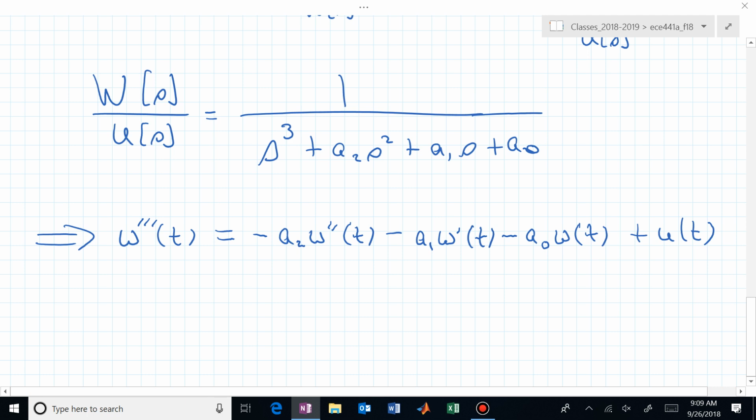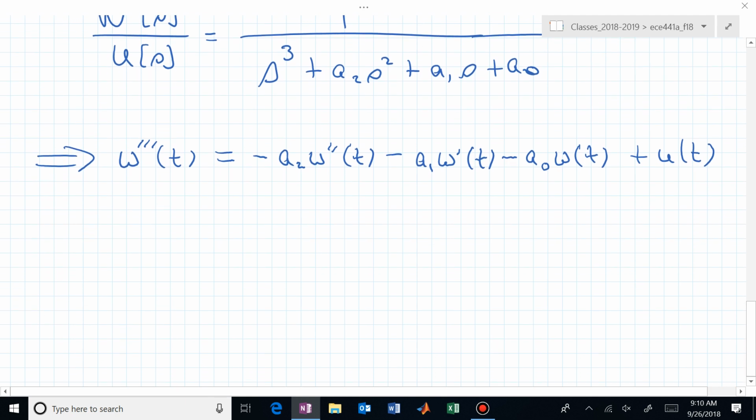And I hope now that you can see a block diagram entering your mind or jumping onto your page connected with that particular third order differential equation. We have w differentiated 3 times, 2 times, 1 time, and no times, and u.